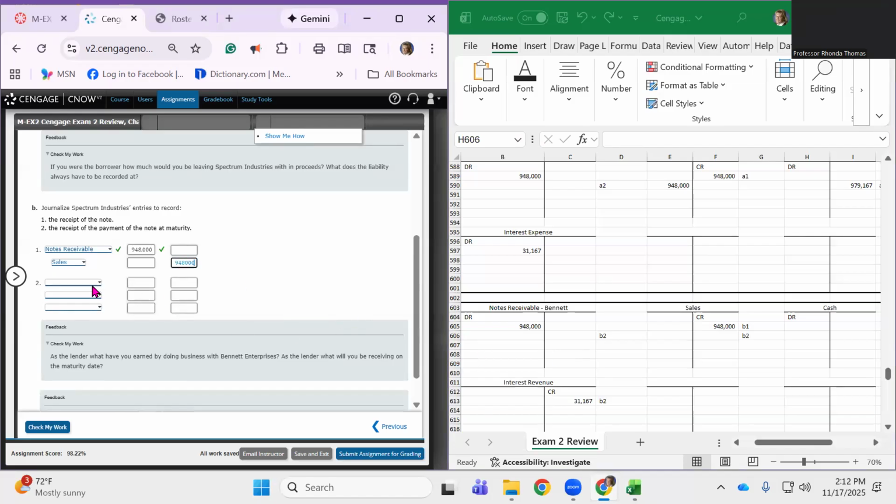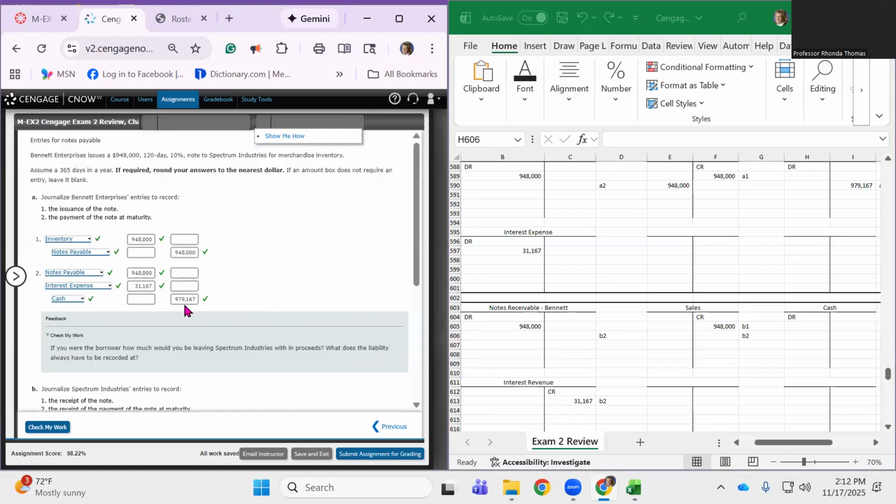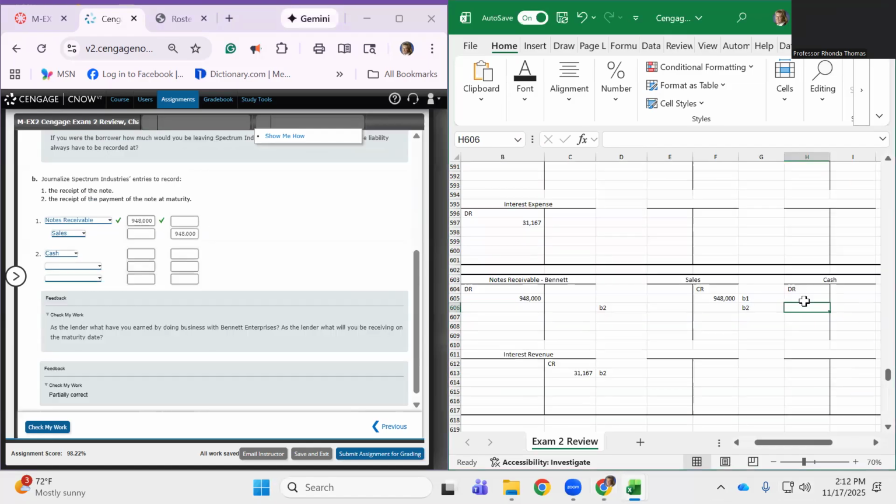So then when the cash comes, we've already determined how much that is. That is the 979,167. Here comes the cash to pay it off. And then we get rid of the note, and we consider that interest revenue.